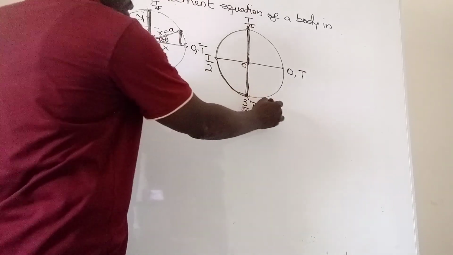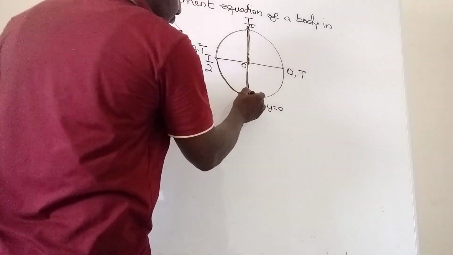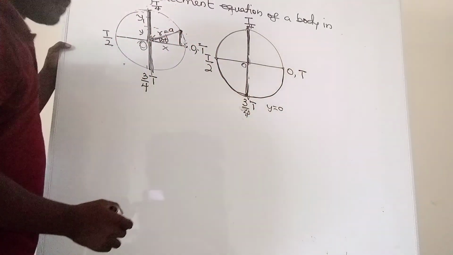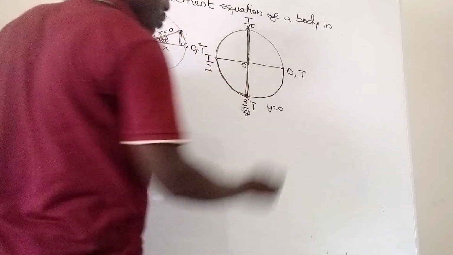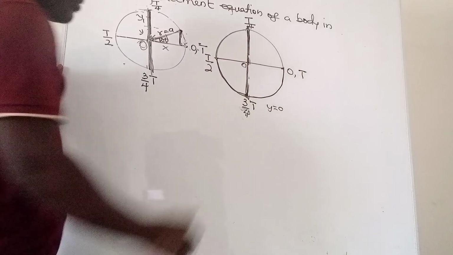Y is equal to A. When the body moves from here back to its starting point, and this is a complete revolution, so big T, what's the displacement?